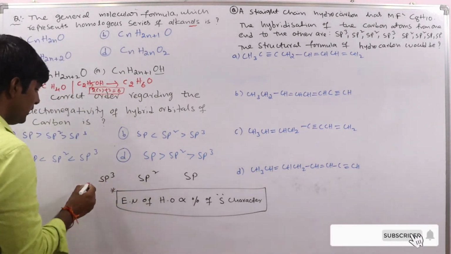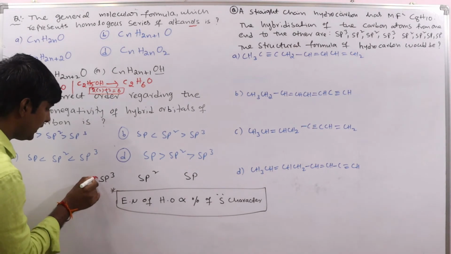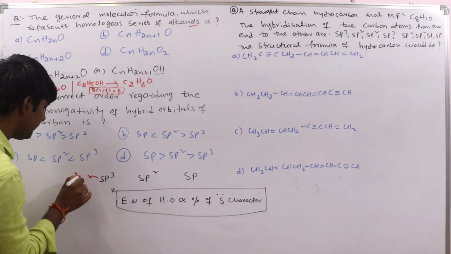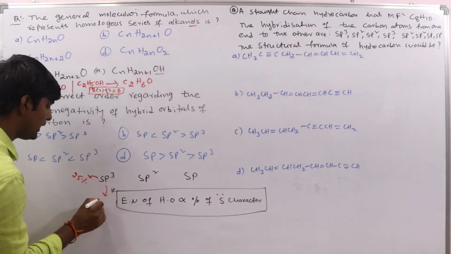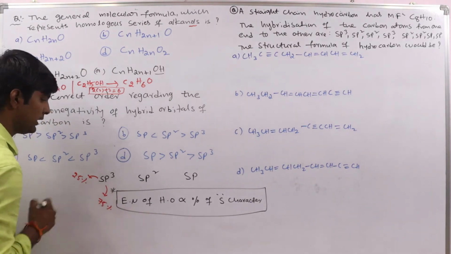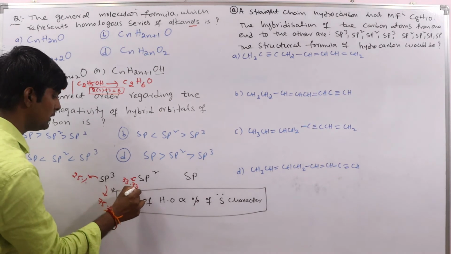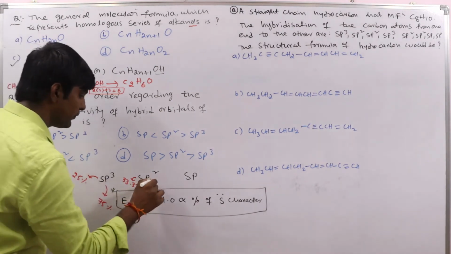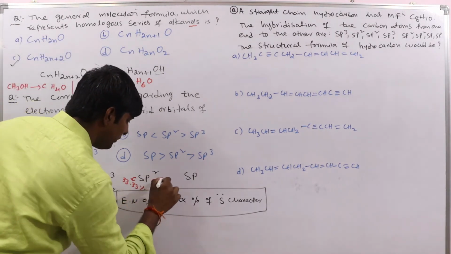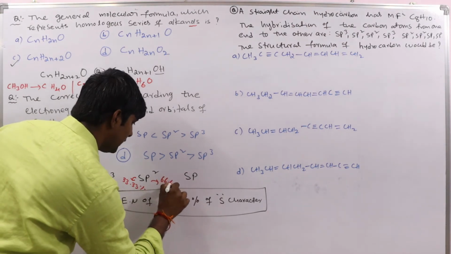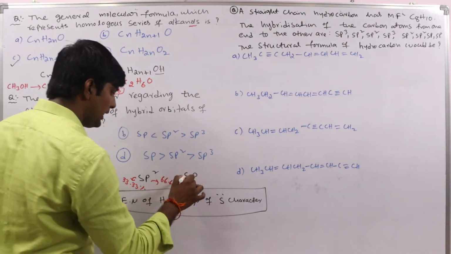In the sp3 hybrid orbitals, S character is 25% and P character is 75%. In sp2, S character is 33.33% and the 2p orbital contributes 66.66%.